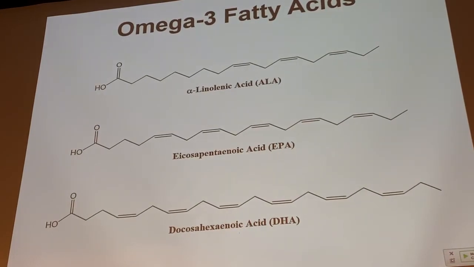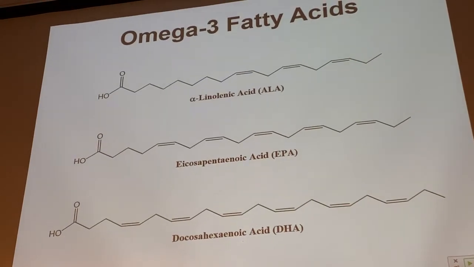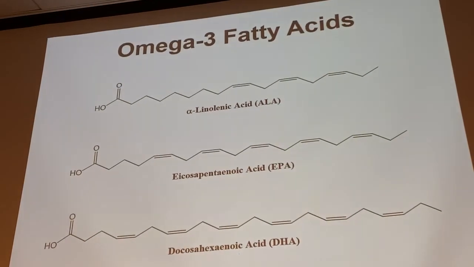So if you go to the last carbon of the chain, so the chain would start where our carboxylic acid is, we go to the end of the chain and we count 1, 2, 3, and we encounter a double bond. So if you have a double bond, 3 carbons from the end of the chain, that is an omega-3 fatty acid. Okay? And omega-3 fatty acids are associated with a healthy heart.